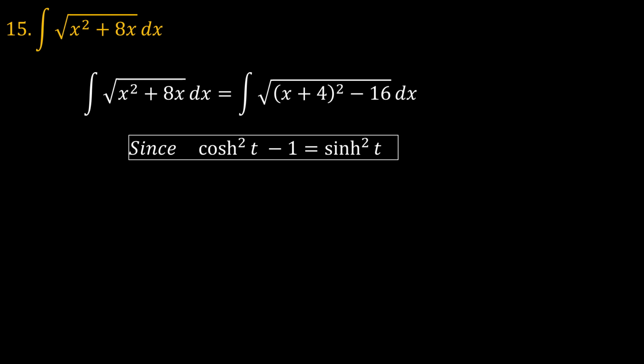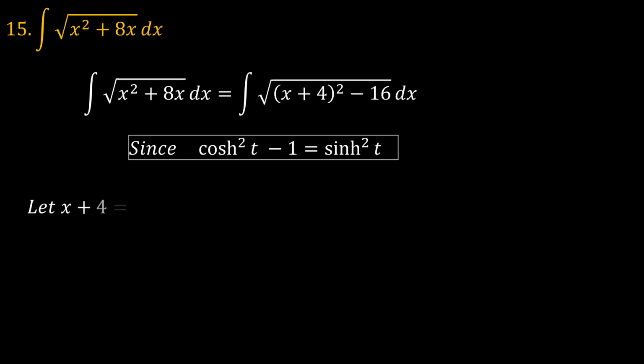So this (x plus 4) squared could be expressed in the form of 16 cosh squared t, so that we do have this expression condensed into a simple function.